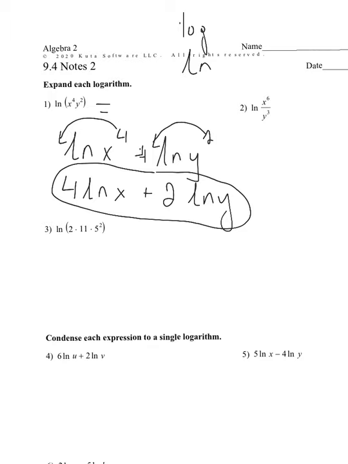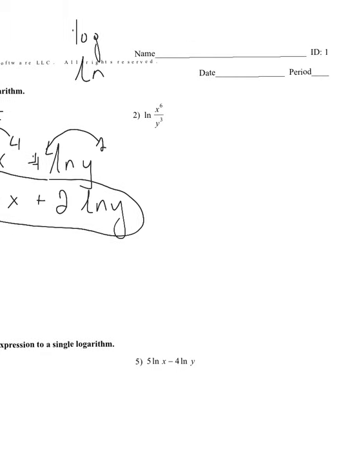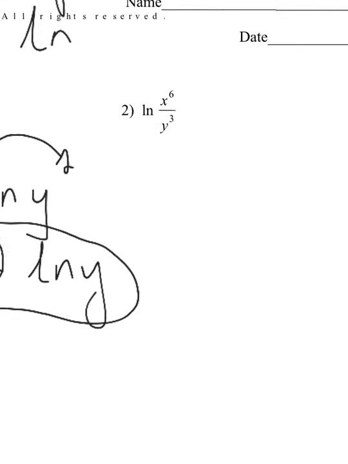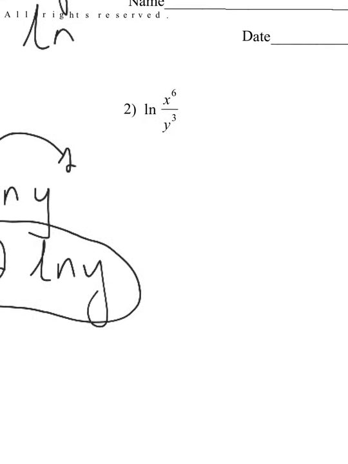Question number 2. It's very similar, but now look at number 2. It's a quotient, it's division, okay? Like in number 1, you had product, multiplication, so you were doing addition. Now we have division, so we will subtract. If you're not sure what I mean by this, go back to exponent rules.